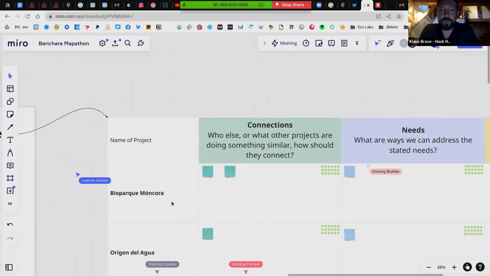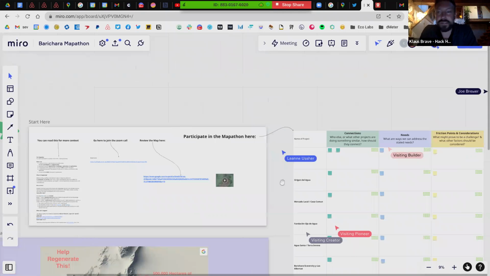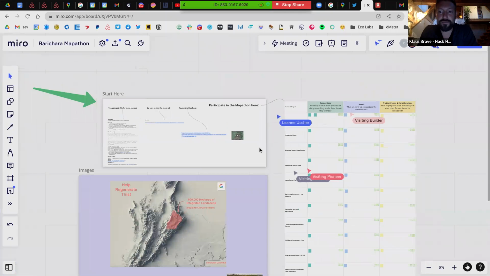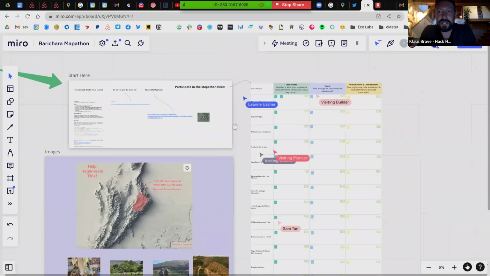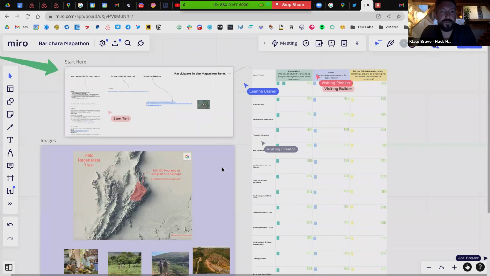Okay, perfect. And just to set a little bit more context, why are we doing this? This is an active service that we can do as remote human beings from all over the world in advance of a group of people who are going out to Barichara and going to be there in person from the 3rd to the 7th, I think. So this is some preparatory work that we can help with.